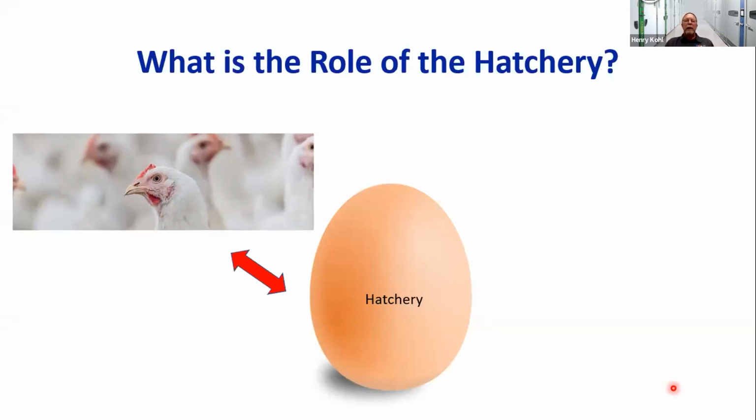If we're not separating that out, we can often be misled into thinking we have a breeder flock with poorer fertility than it actually does. So there's a lot of information relayed from breeder to hatchery and from hatchery to breeder.